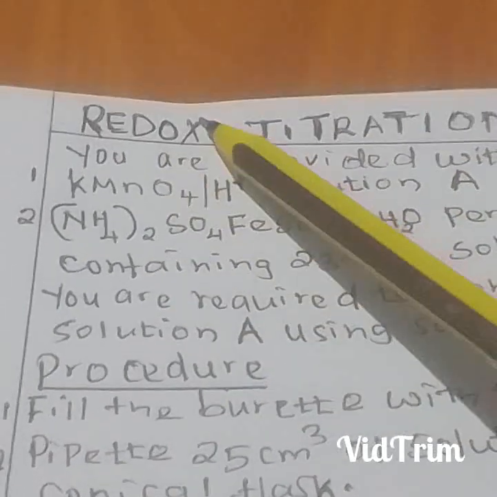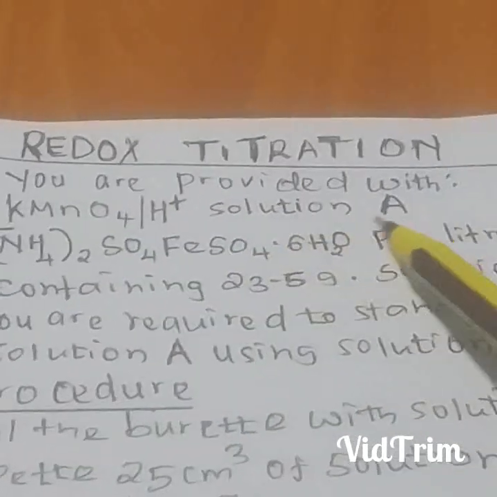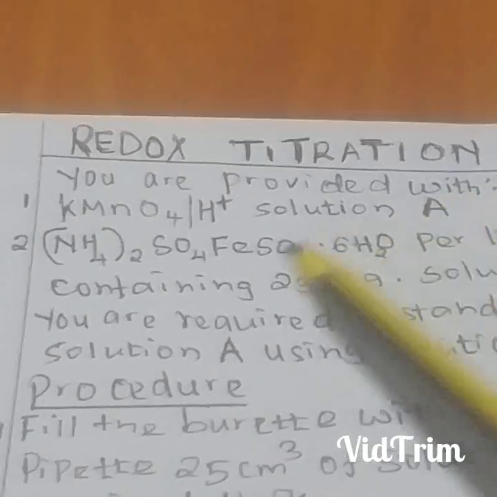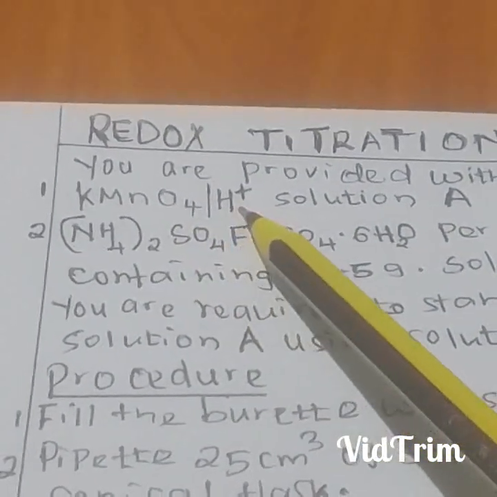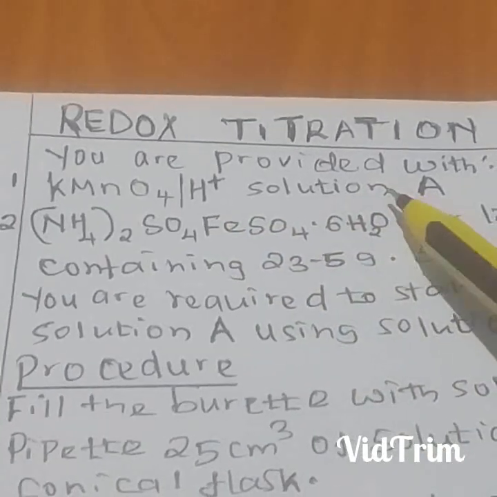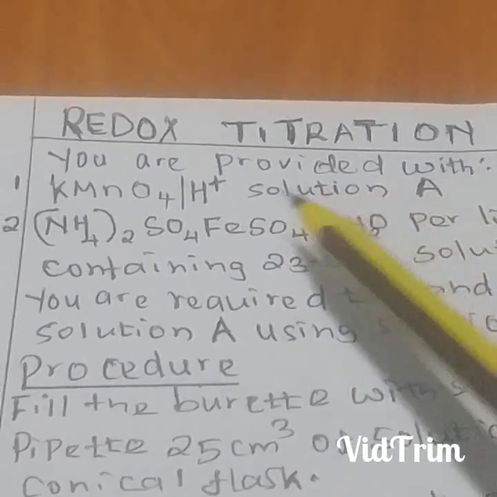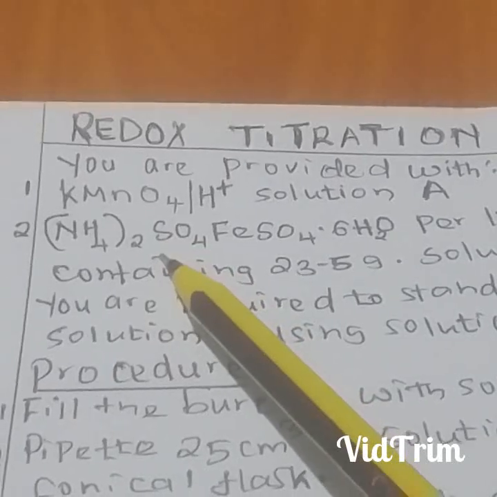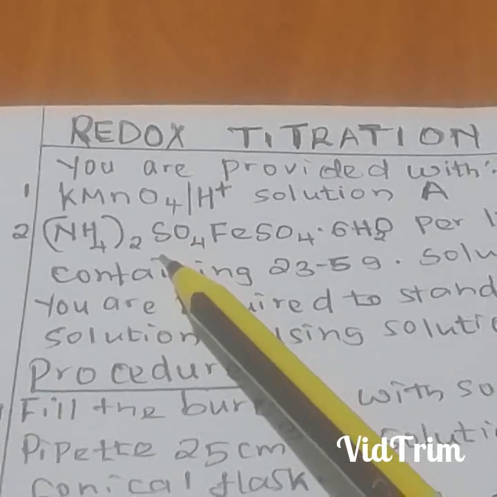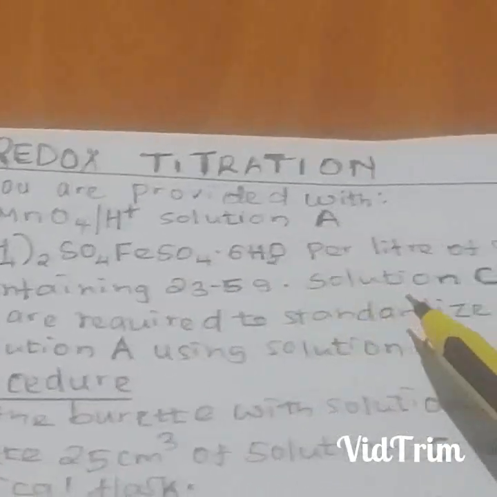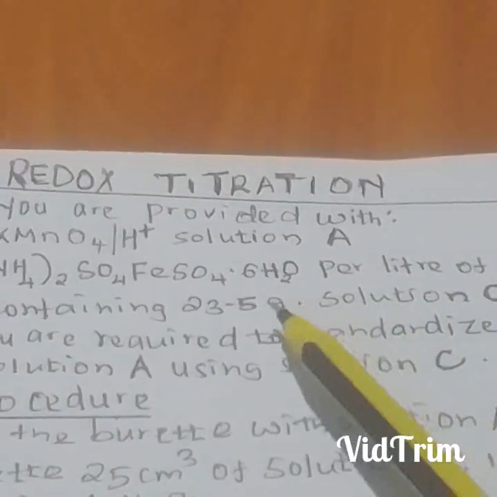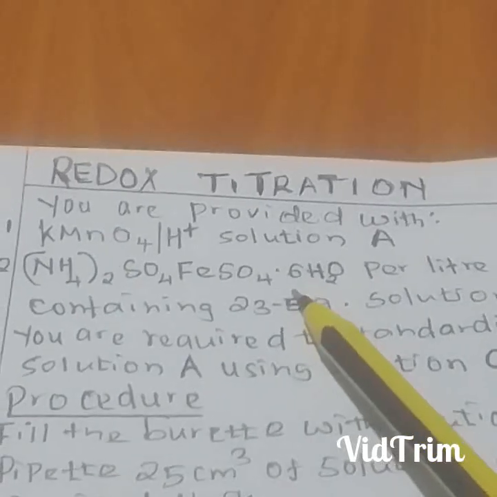So, my student, you are provided with the following reagents: acidified potassium permanganate(VII), labeled as solution A. Then number 2, you have been given aqueous ammonium iron(II) sulfate solution. This is labeled as solution C. But look at the content.